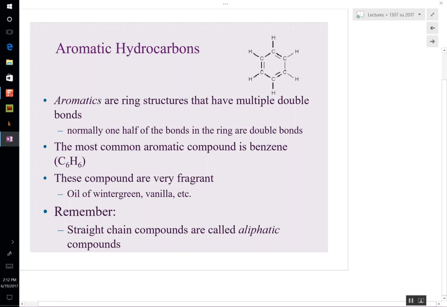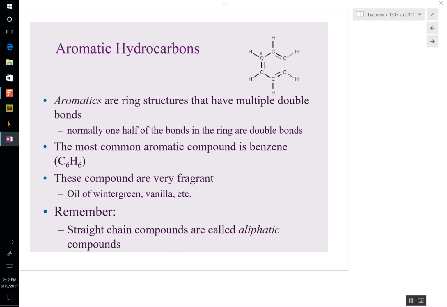Now we've got double bonds here, but we've got alternating double bonds in a ring. You can see a double, single, double, single, double, single bond going around in a ring. You'll hear me use the word conjugated double bonds.